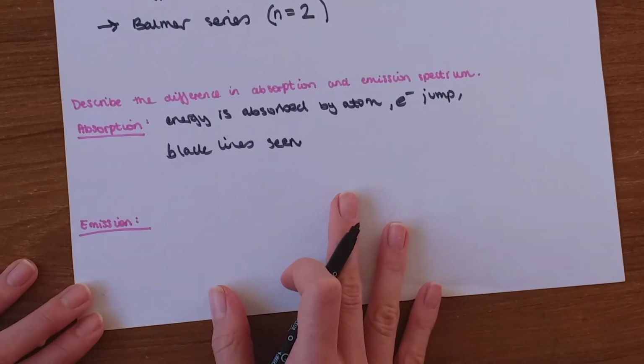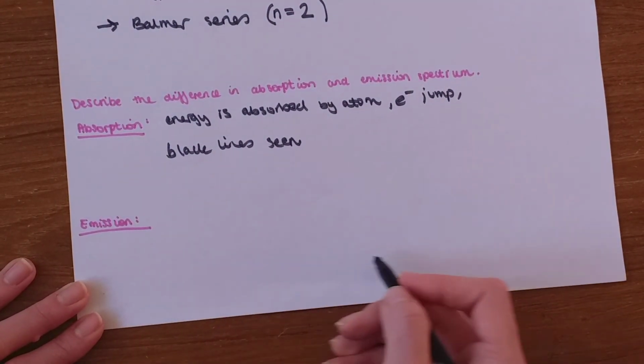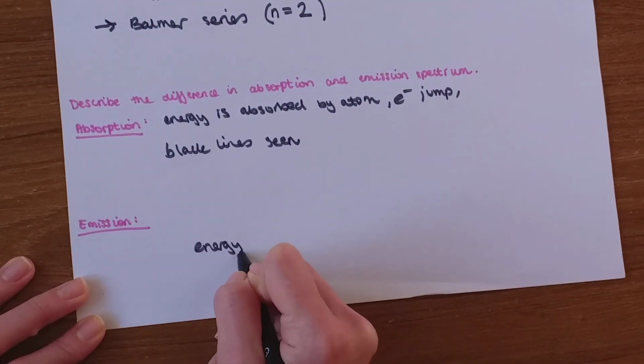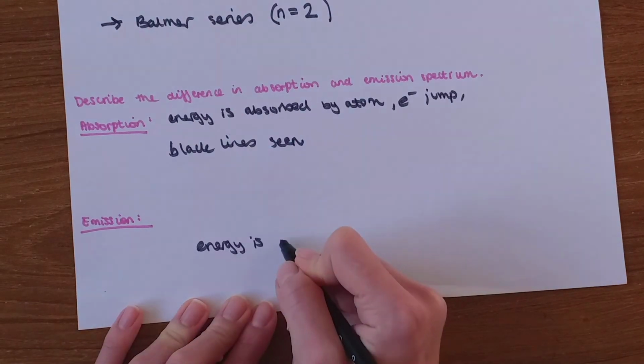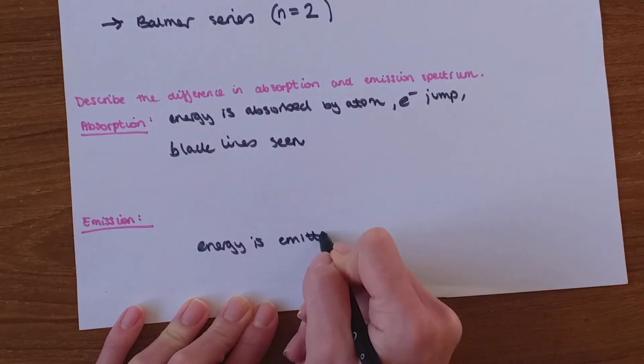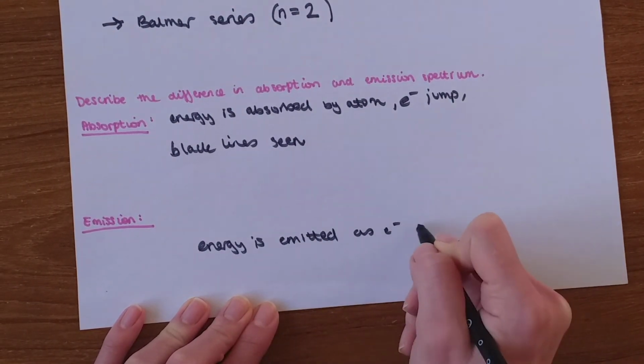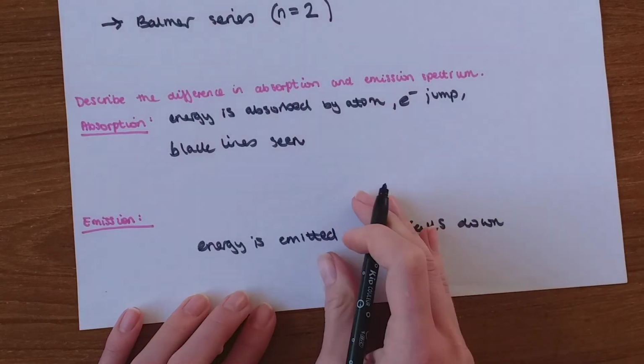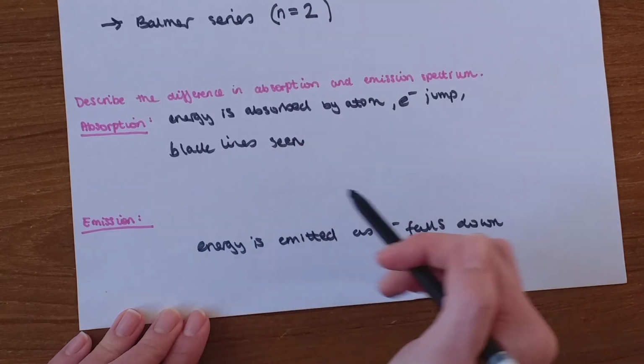And we also know that emission is basically the other way around. The energy is emitted as the electron falls down. And our spectrum is again the other way around.